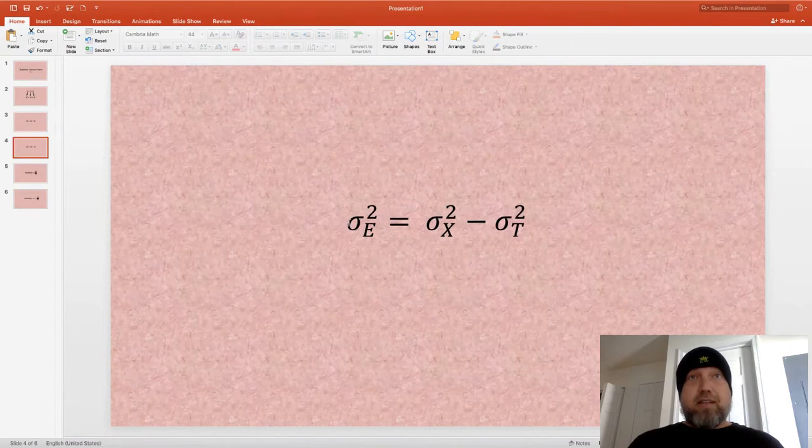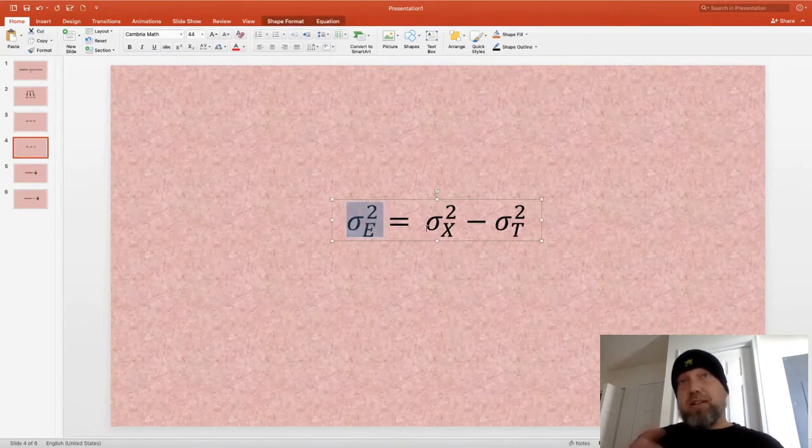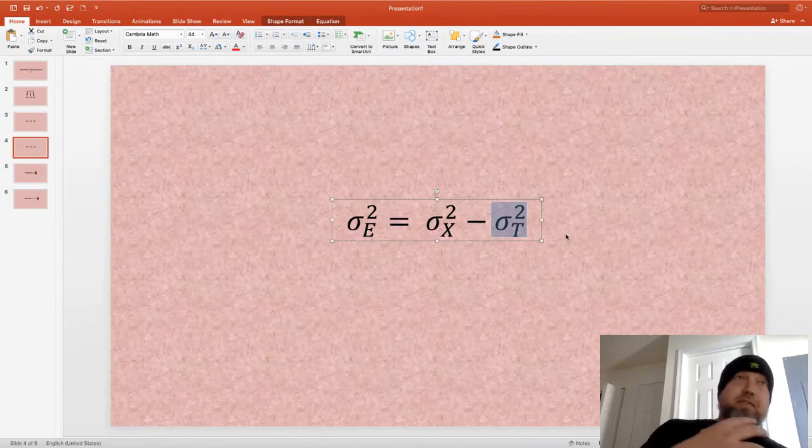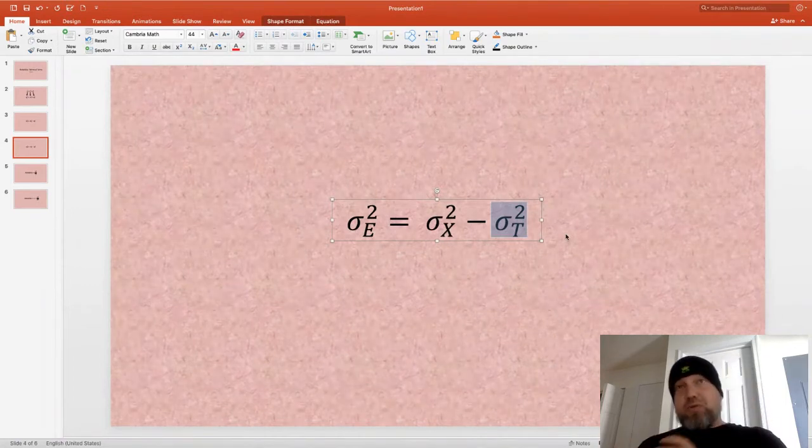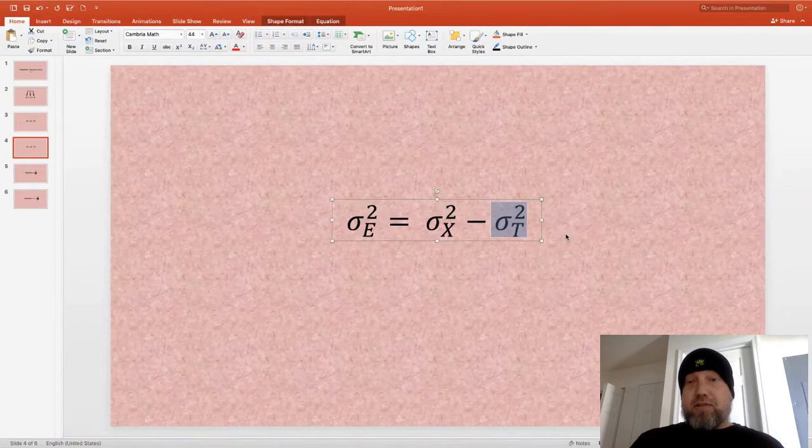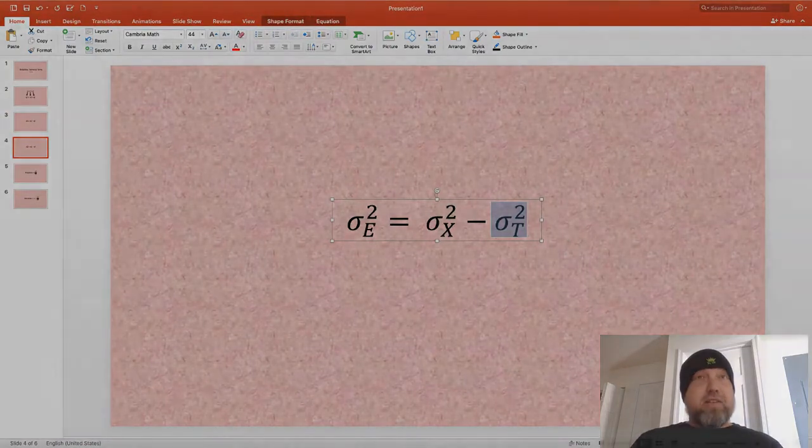Once again, in a similar way, the error variance is going to be composed of the variance that I can see after we have removed the true score variance. So the difference between the variance that we can see and the true score variance would constitute measurement error.